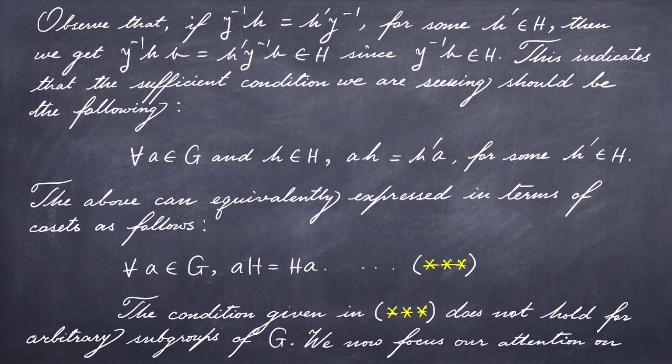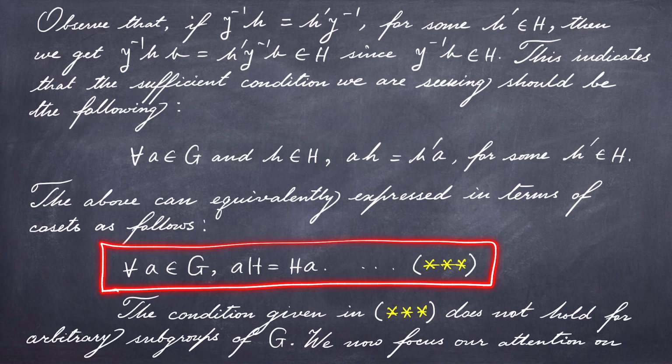Okay. So this condition can be equivalently expressed in terms of cosets like this. For every a in G, the left coset of H by a is the same as the right coset of H by a. So each left coset is the same as the corresponding right coset.